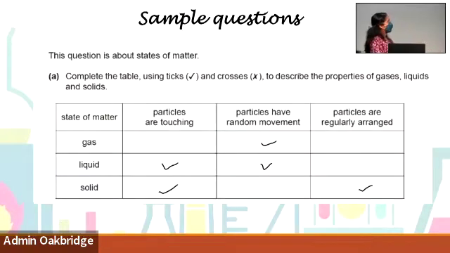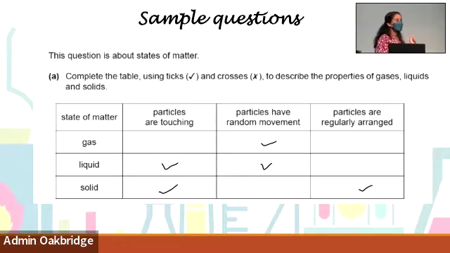Okay, a sample question. This question is about state of matter. Let's say in a particular question, you have a table like this. How are you going to do it? They're asking about the particles' random movement and whether particles are regularly arranged.